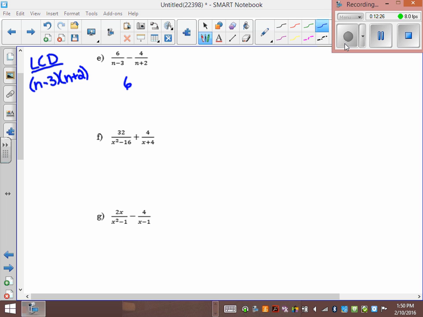So I'm going to get 6 and n minus 3, and I'm going to multiply it by n plus 2. Minus 4n plus 2, and I'm going to multiply it by n minus 3.